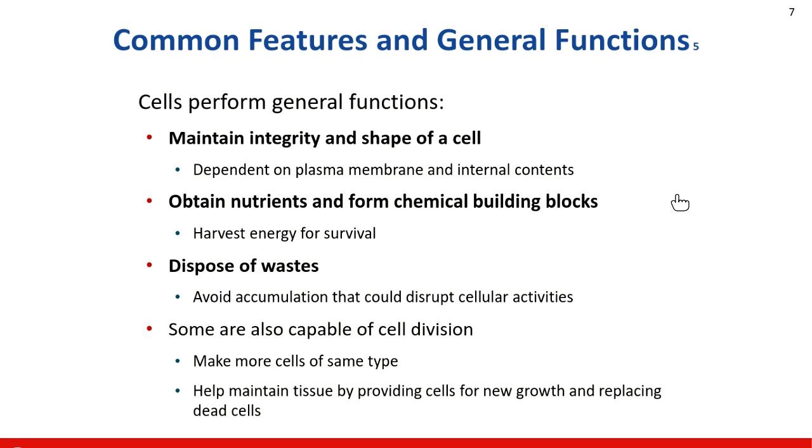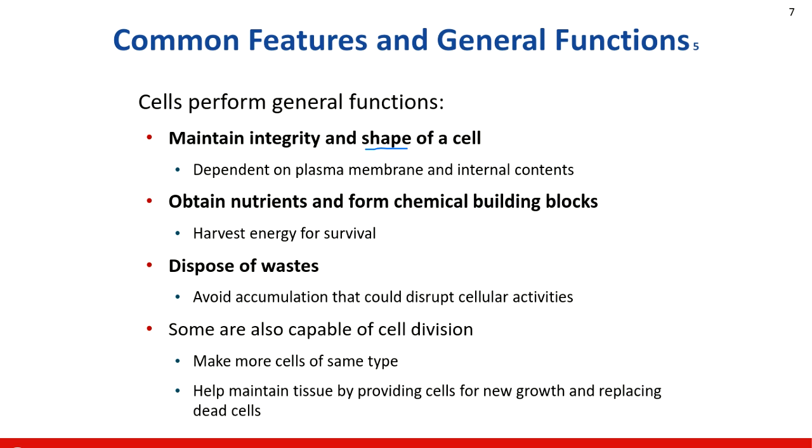So a couple of functions, and it's crucial that you understand these functions of a cell. Cells perform several different functions, but at all times they have to maintain the shape that they have, like a squamous cell, a cuboidal cell, a columnar cell, because a lot of those shapes are function dependent.